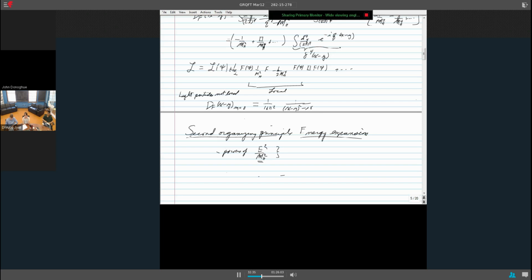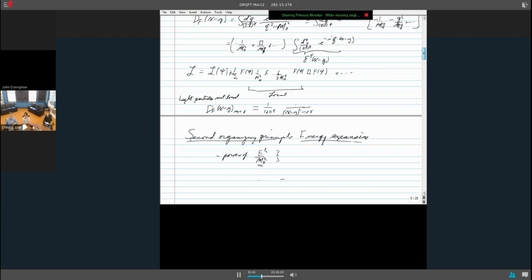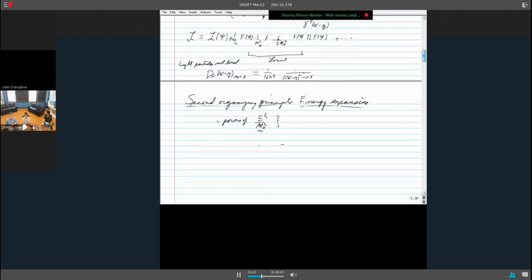And so we basically are organizing powers of energy squared and momentum squared over m heavy squared. We treat this as a small parameter and organize things that way.